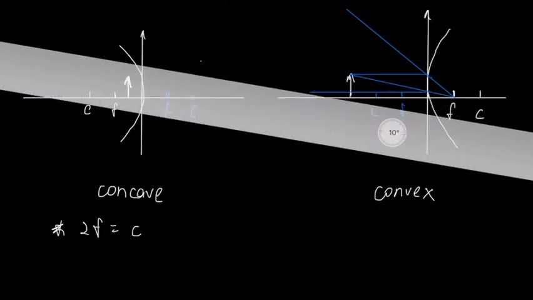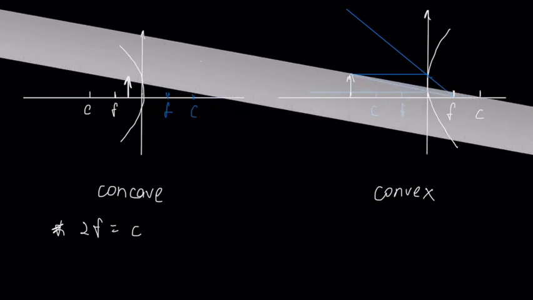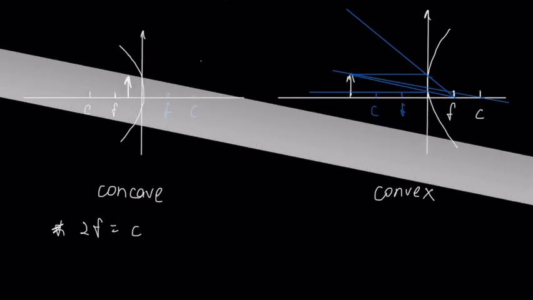Then since there is no intersection here, you use the third rule, that it goes through the center point, and now you can find your intersection without it touching the focal line.